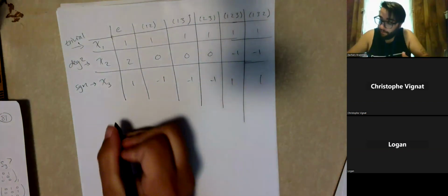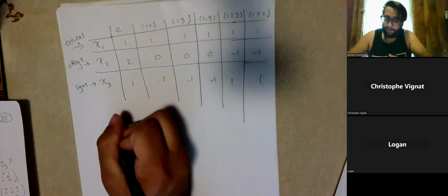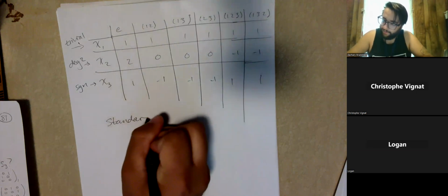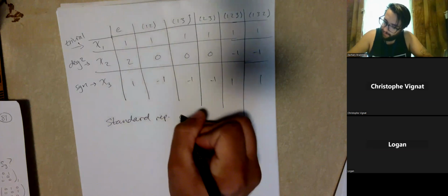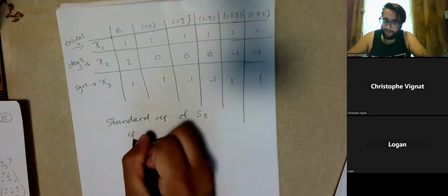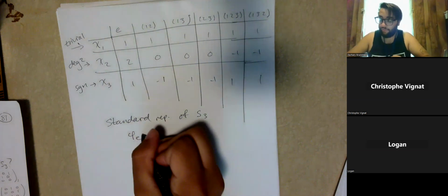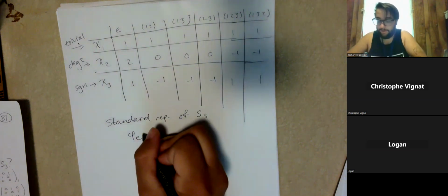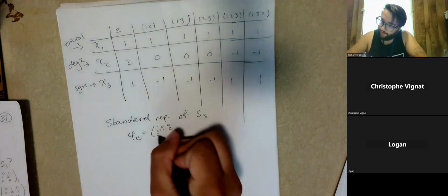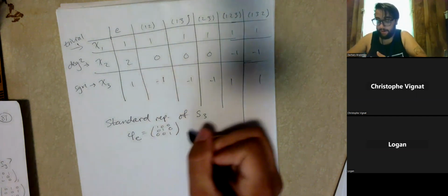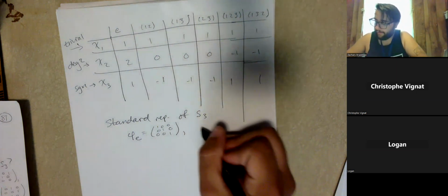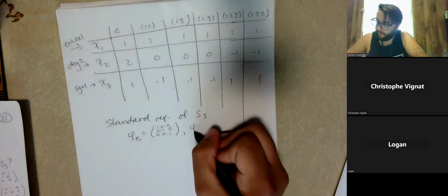Okay, so remember the standard representation of S3? That was one we did. Well, that was a degree 3 representation, which sent the identity e to the identity matrix, and maybe I'll just list 1 or 2 of these.